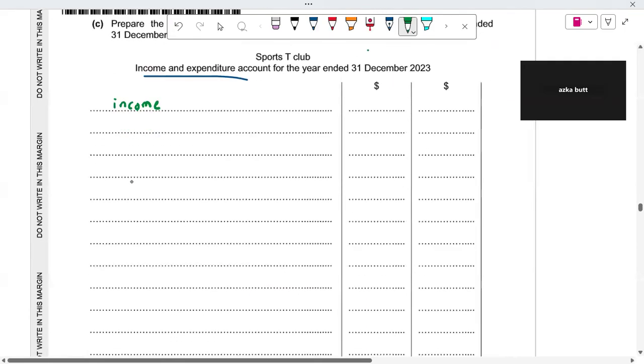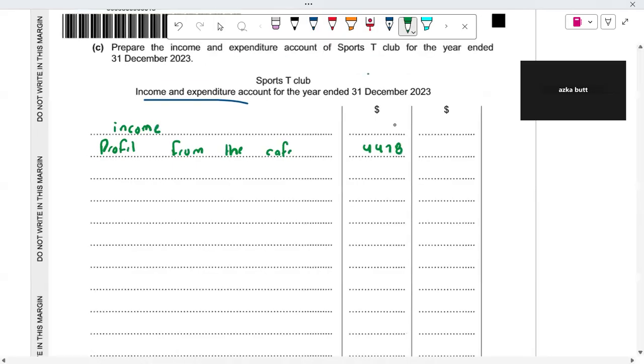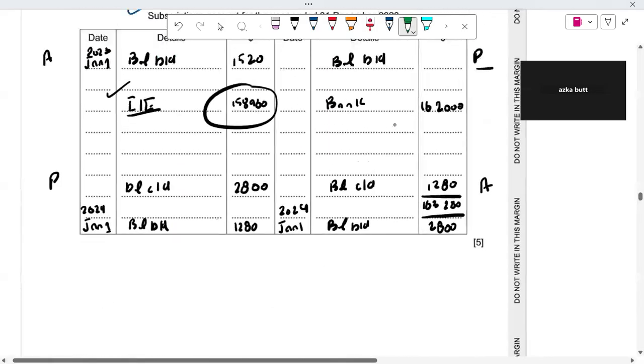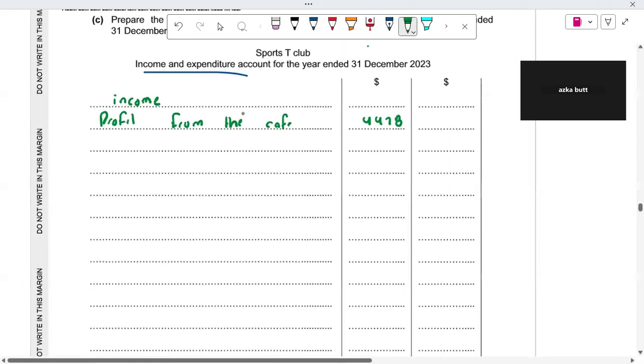This is part of the club income. And subscriptions are in income statement. This is 158,960.